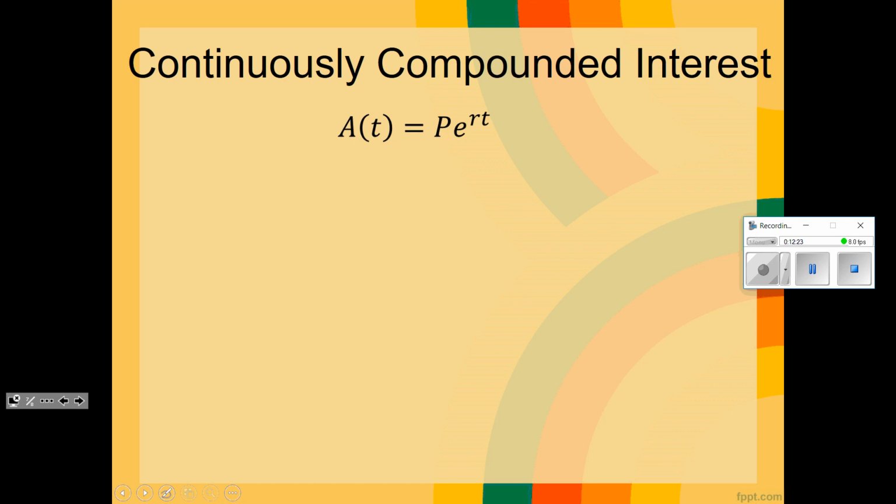There is a formula. We call this PERT. Why do we call this the PERT formula? That's what it says, P-E-R-T. Okay? So if it's compounded continuously, now, P stands for what? The principal. R stands for the rate. T stands for the time. What's the E?